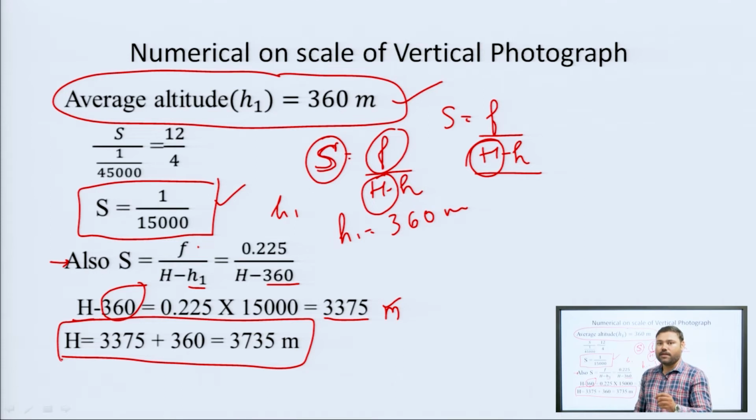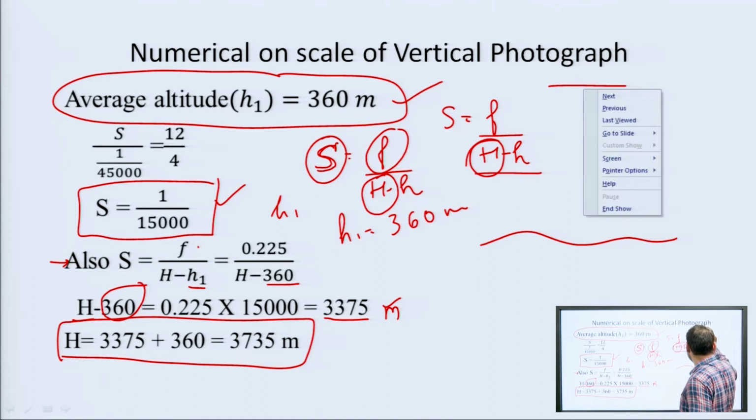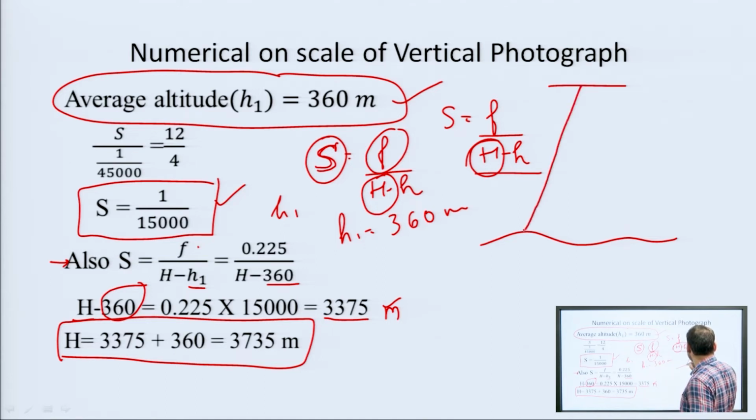Again, by figure we can also discuss all these equations once again. Here, assuming this is a datum, this is an aircraft, and these are basically the images that are obtained.